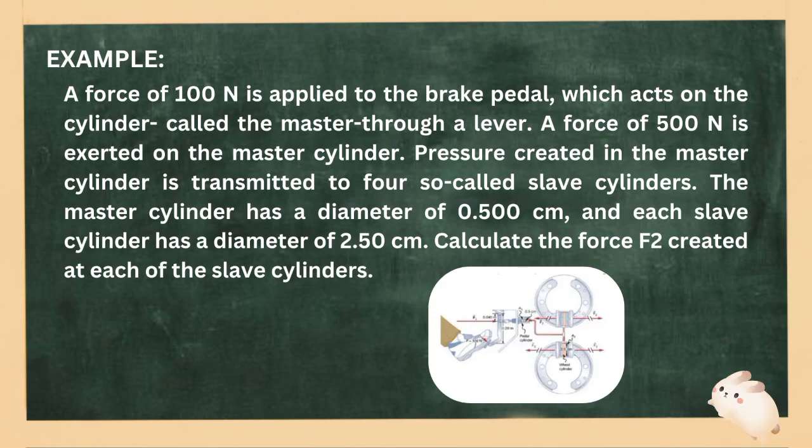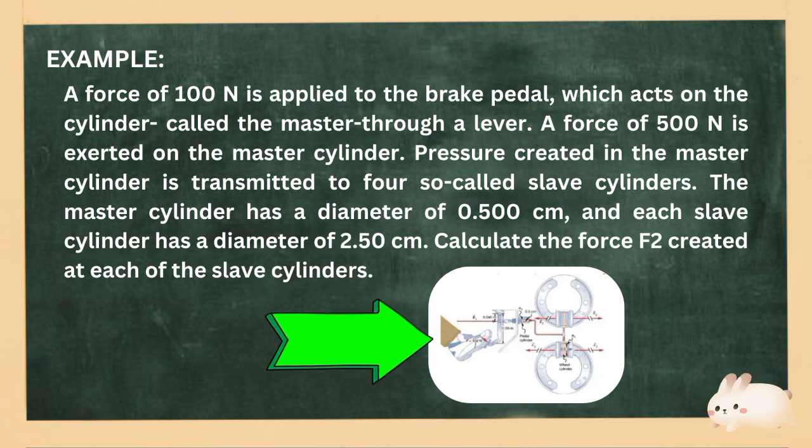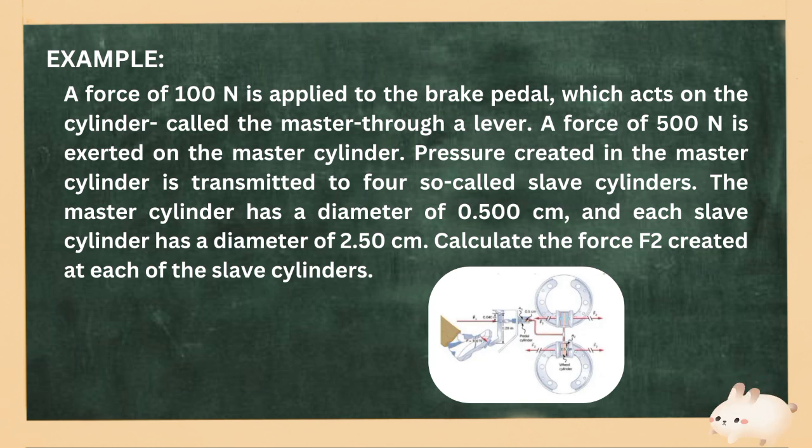First example. A force of 100 N is applied to the brake pedal, which acts on the cylinder called the master through a lever. A force of 500 N is exerted in the master cylinder. Pressure created in the master cylinder is transmitted to four so-called slave cylinders.